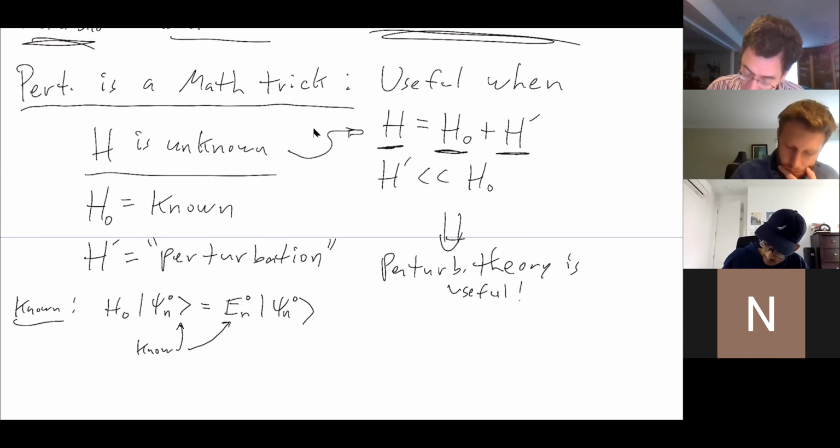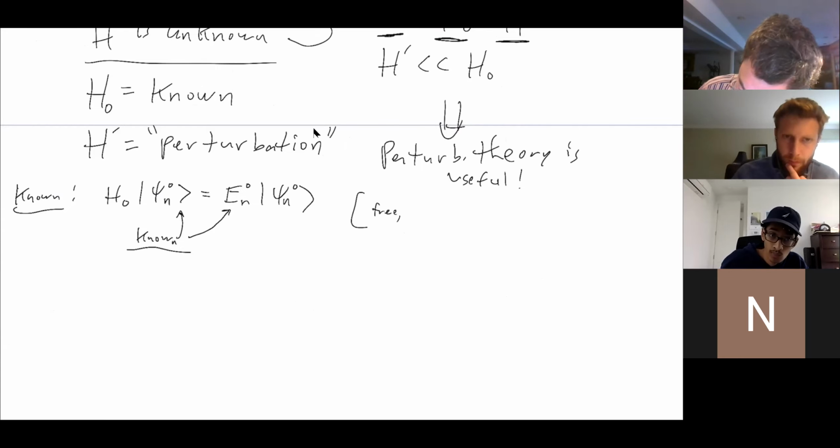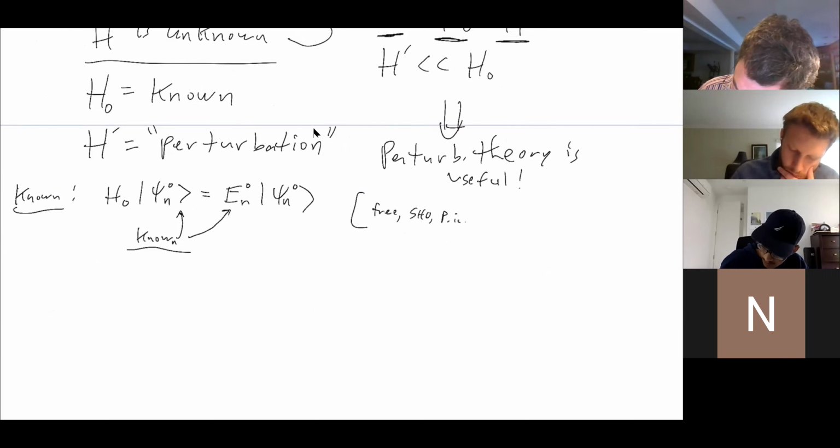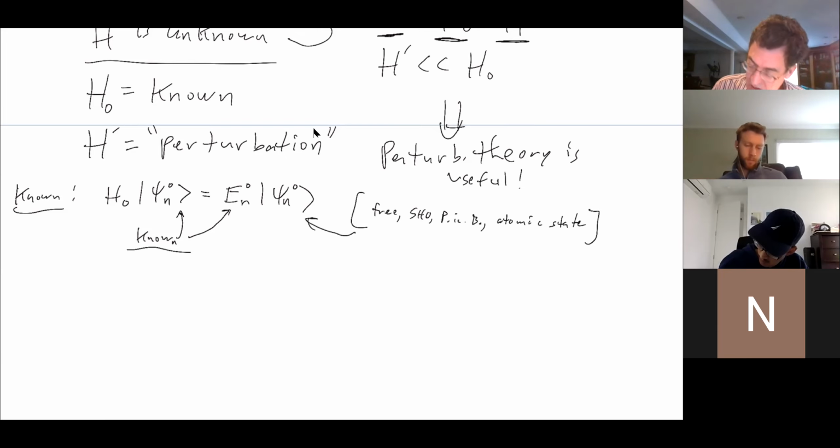That's what it means to be known. It means that you've solved that problem. Basically it's either a free particle, or a simple harmonic oscillator, or a particle in a box, or an atomic state. These four are the known ones.